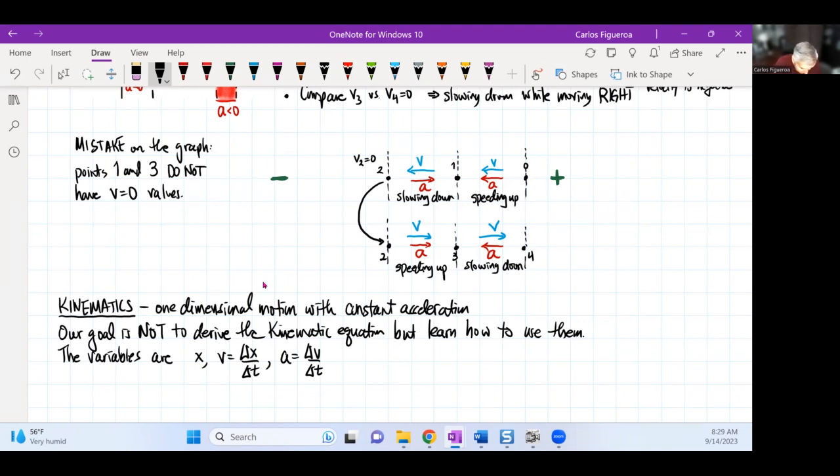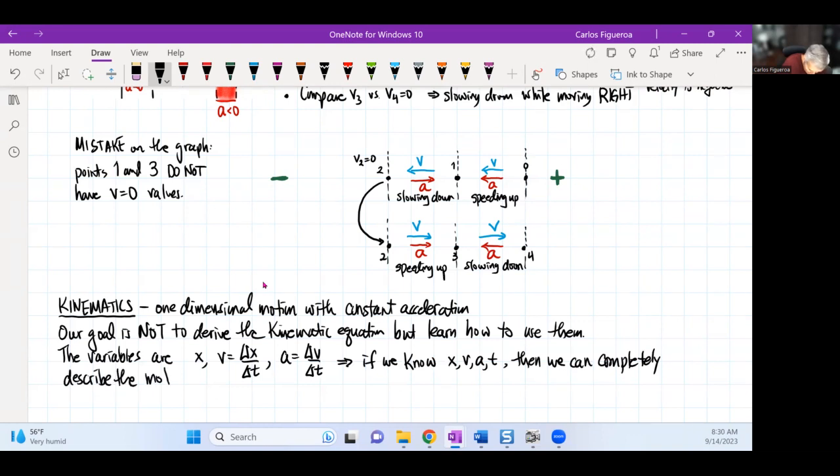So what this tells us here is that if we know position, velocity, acceleration, and time, then we can completely describe the motion of an object.